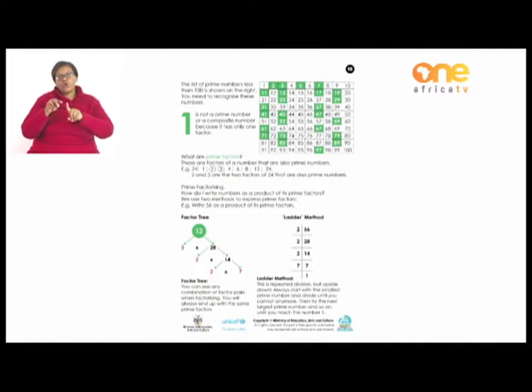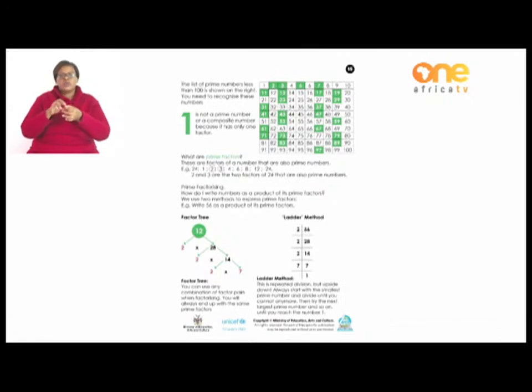To explain it in detail, or to read there at the bottom, for the factor tree, you can use any combination of factor pairs. When factorizing, you always end up with the same prime factors.